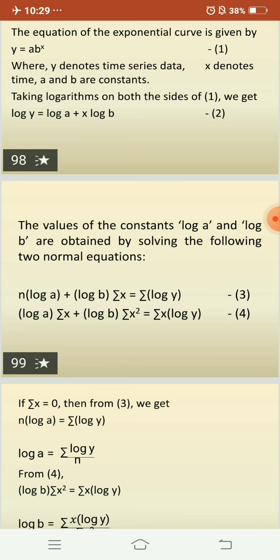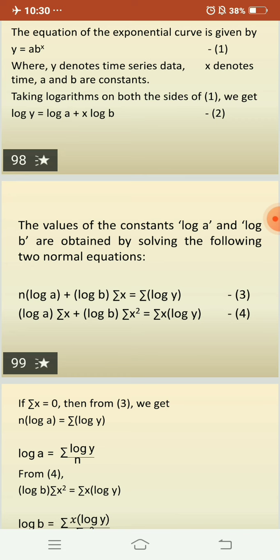Take the second equation, log y equals log a plus x log b, and apply the summation. If we are multiplying by a constant, the summation becomes small n, so you get n log a plus log b into summation x equals summation of log y.